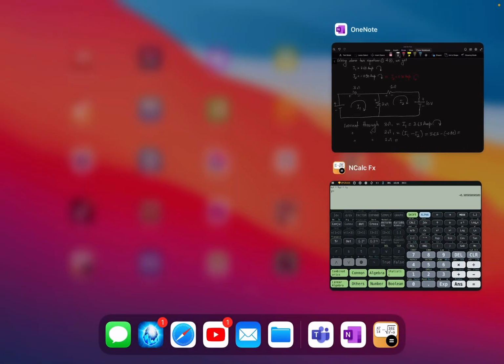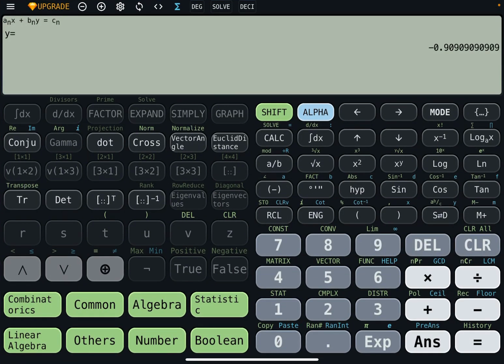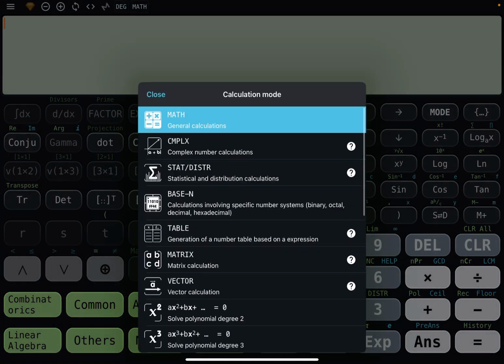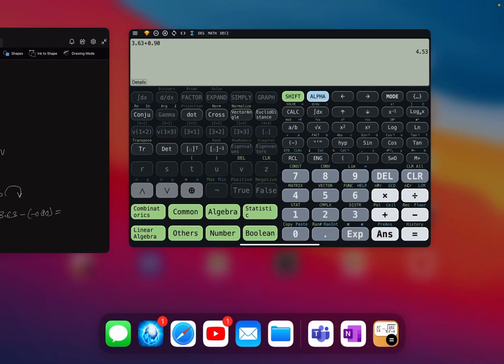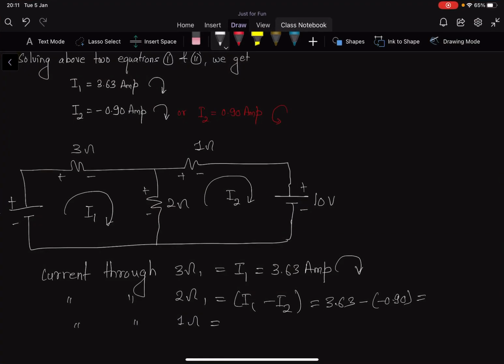So let's do it in the calculator. Let's change the mode to math. So I got 3.63 plus 0.90, and I got 4.53. That means my value is going to be positive, because this minus is going to be positive, and that's going to add with this.